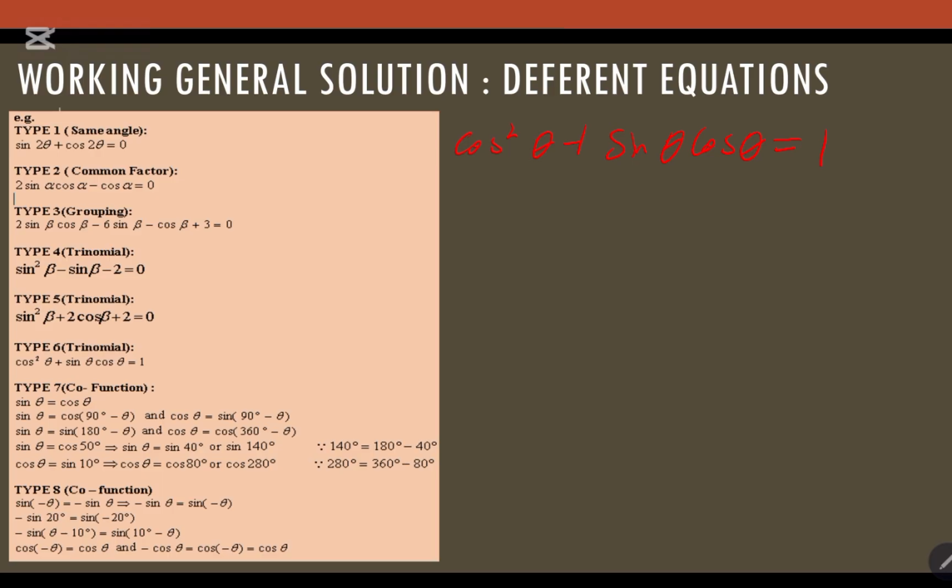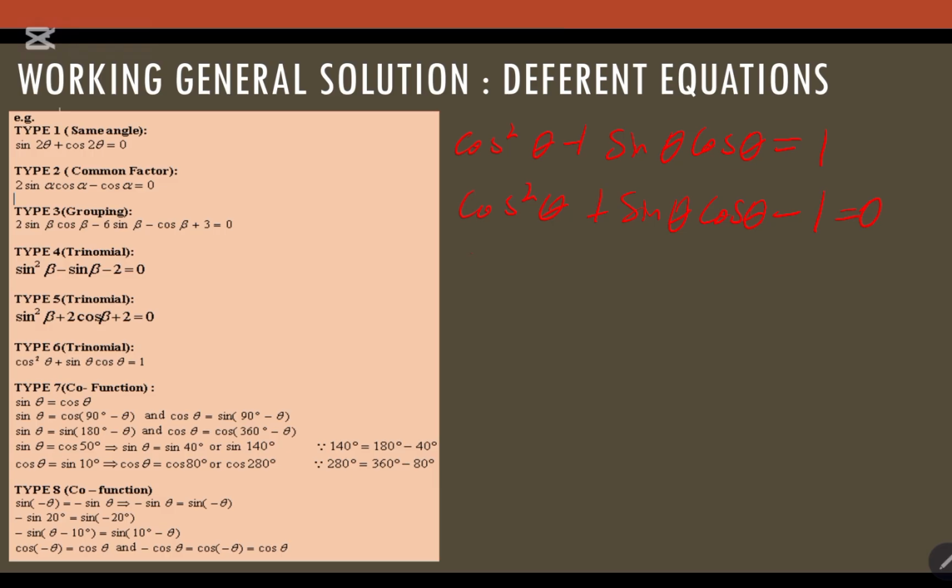Now, we know that from the trig identities, one can be expressed as sine squared theta plus cos squared theta. So this is cos squared theta plus sine theta cos theta minus 1 is equals to 0.